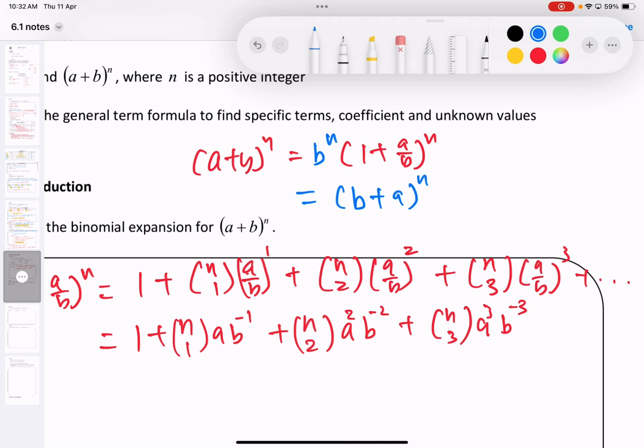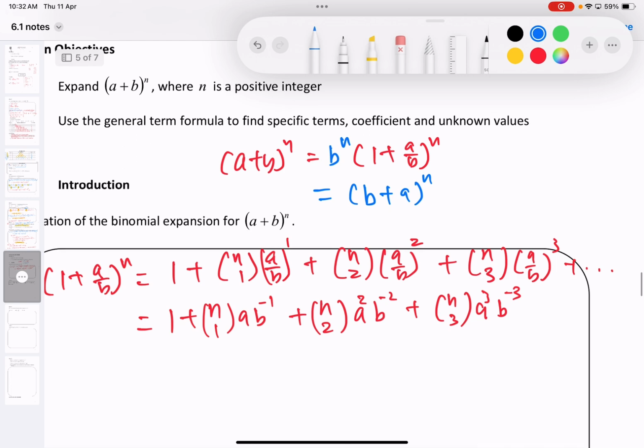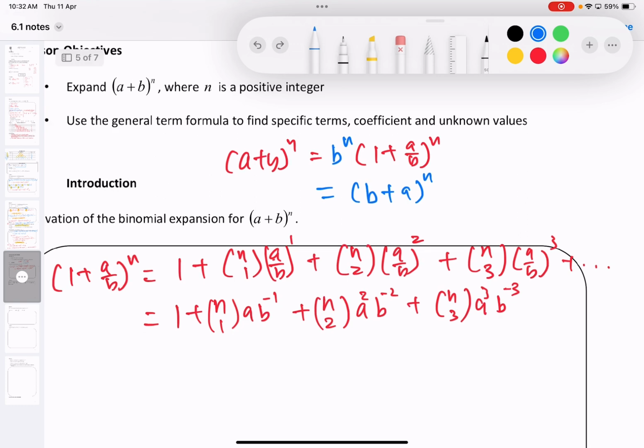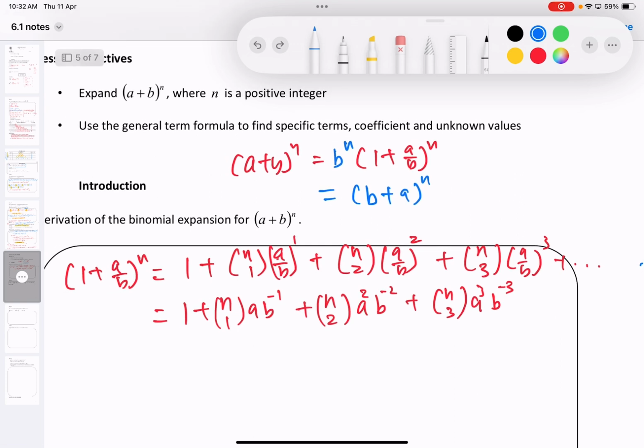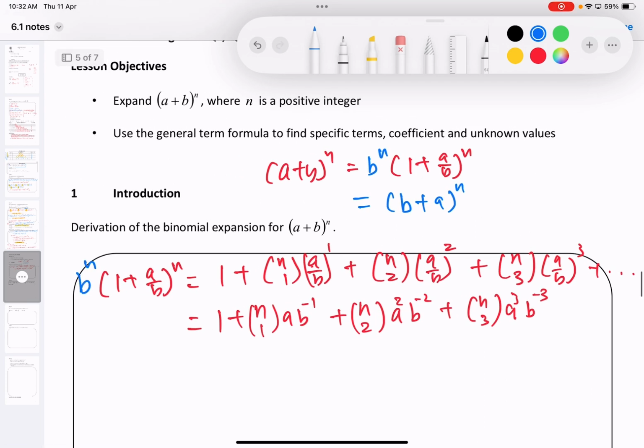My apologies, this is b. So I realize I only need to multiply by this b to the power of n, and I would be able to get my answer. Multiplying by b to the power of n is the same idea as multiplying every single term over here.